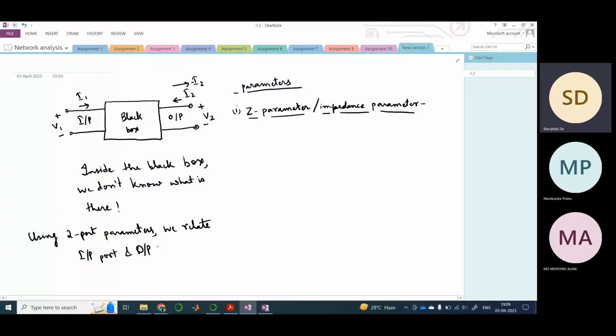So basically V1, I1 and V2, I2 we relate. To relate this we have four parameters.